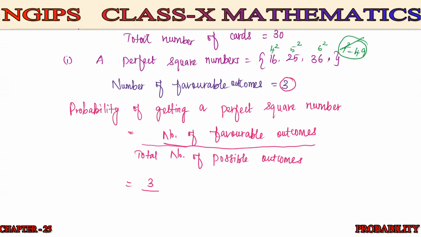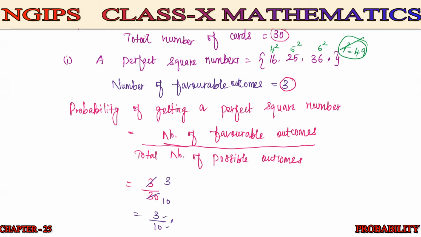The total number of possible outcomes, total number of cards, here it is 30. So I can write 30. Further, if you simplify, what we will get here? 1 3 is 3, 10 3s are 30. So the final answer is 3 by 10. Further, we cannot simplify because we don't have any common factors between numerator and denominator.